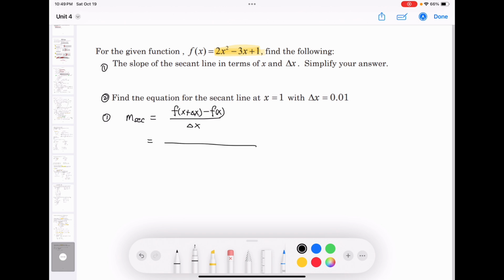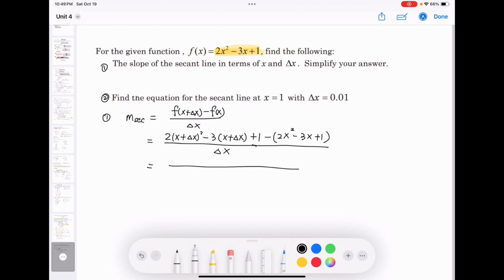Let's input f of x plus delta x, which is 2 times x plus delta x squared minus 3 times x plus delta x plus 1, and then minus f of x, which is 2x squared minus 3x plus 1, all divided by delta x. So we can simplify our top.